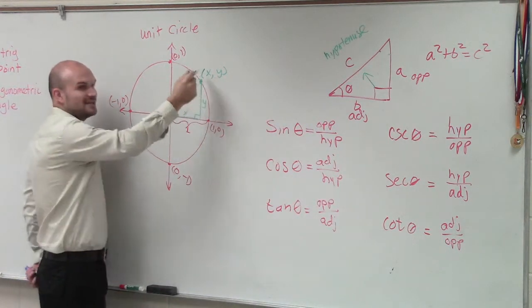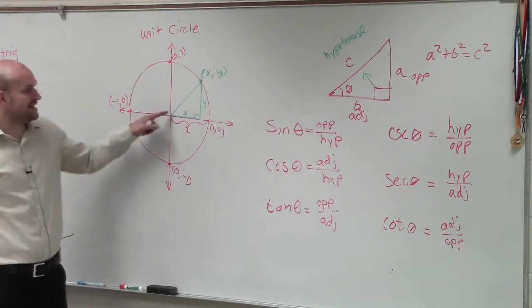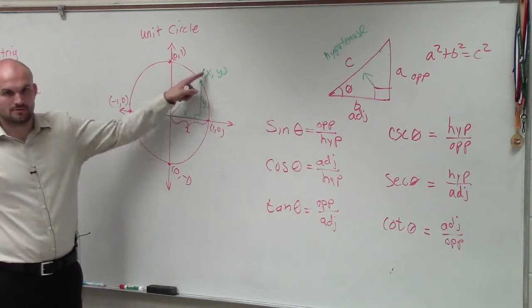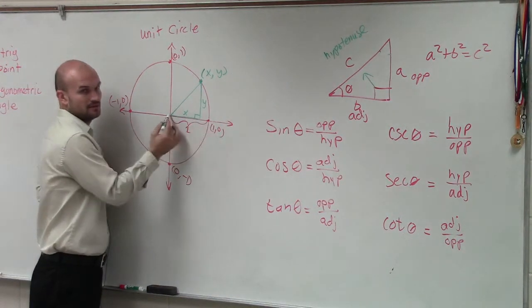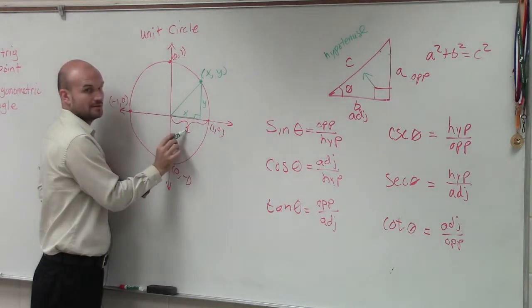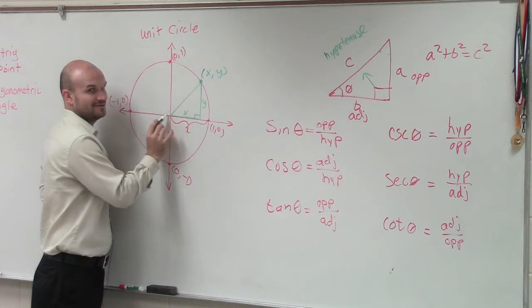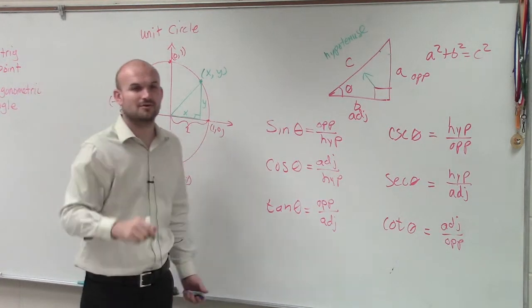Tatiana, what would you say is the distance of the hypotenuse? If I have a point on the unit circle, what would be my hypotenuse? What would be the length of this hypotenuse? What is the length here, from here to here? What's the radius of the unit circle? OK. The radius, you're going to want to write this down.